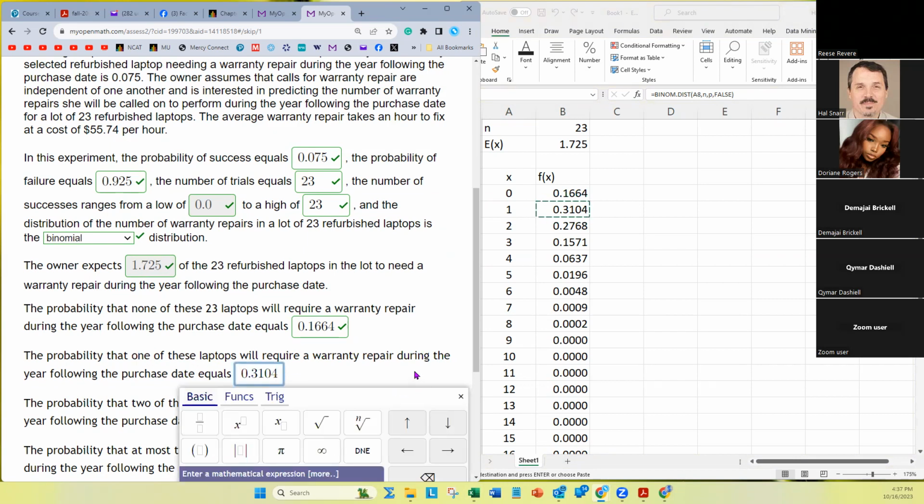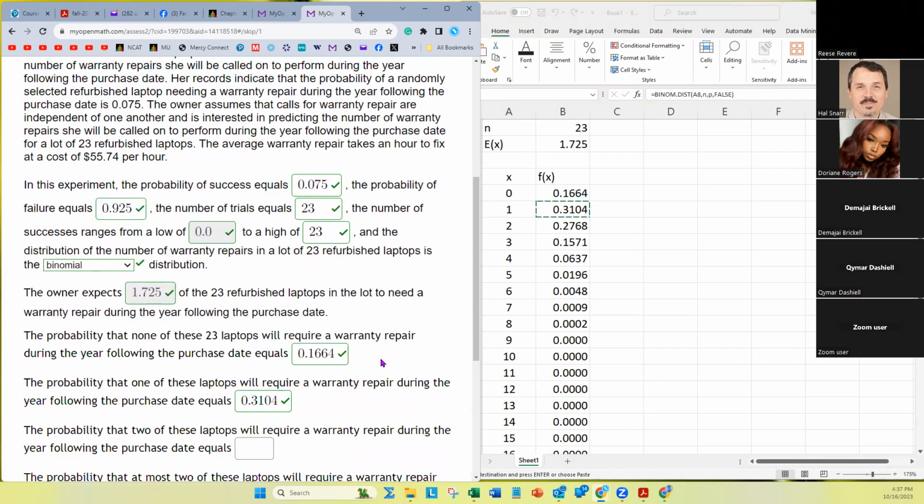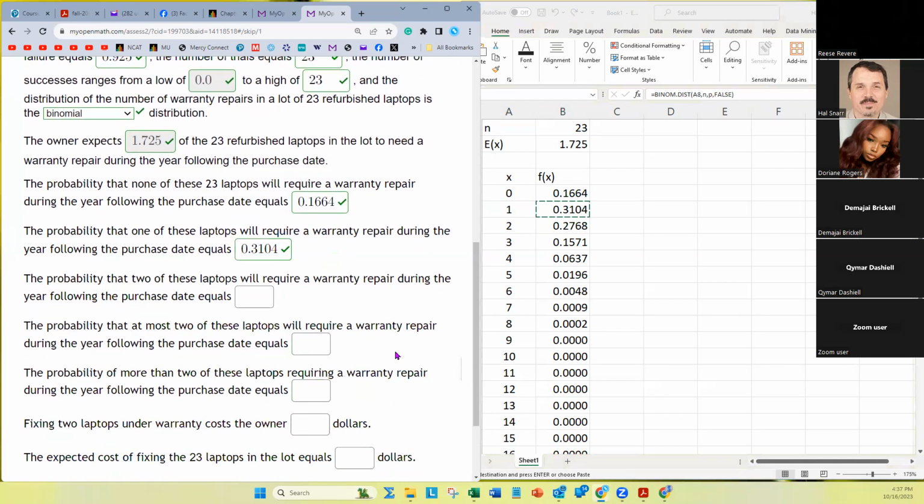In my case, 0.3104. Probability that 2 of these, so this is the value of x, right? And again, x is a warranty repair during the year following the purchase date. That's x, and this is x equals 2, right?